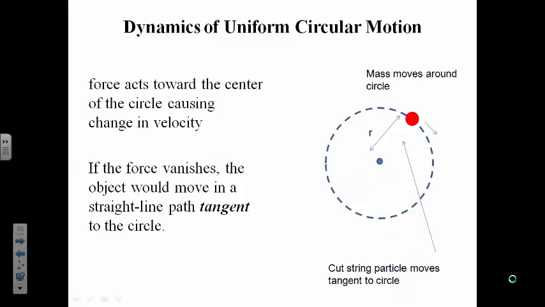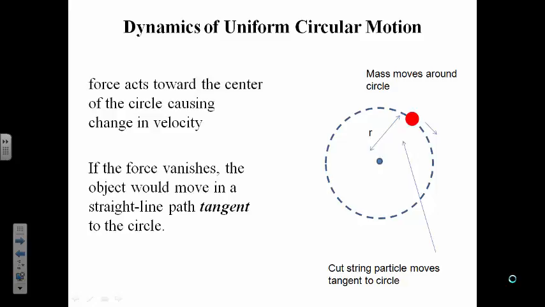So we know that this force is a center-seeking force, and it's a real force supplied by something, because if we had this string here that the ball was attached to, causing some inward force, and suddenly we cut the string, what happens?